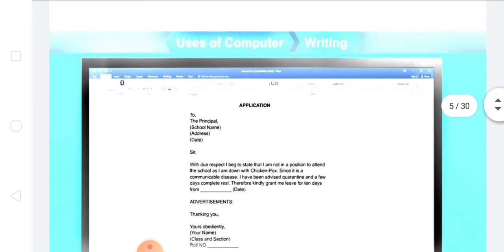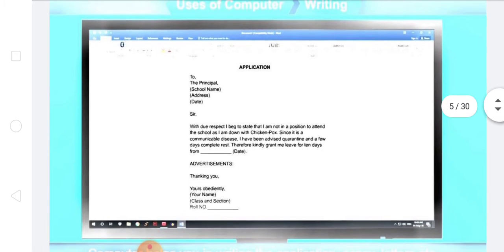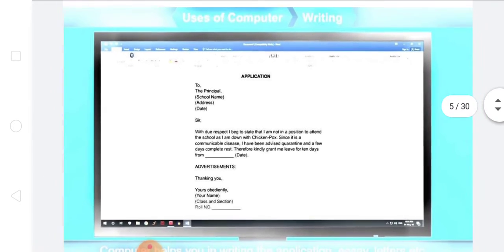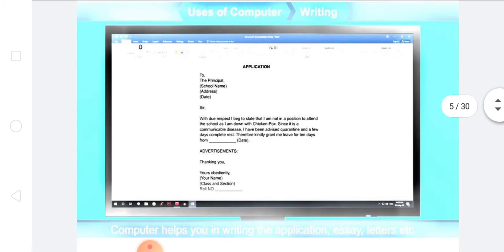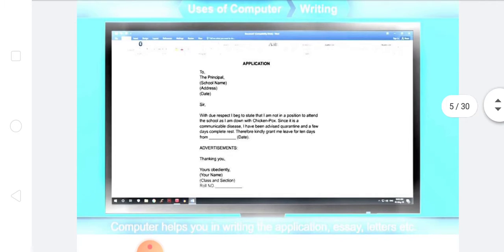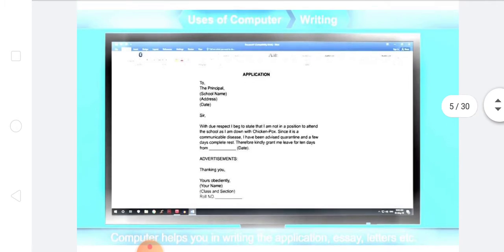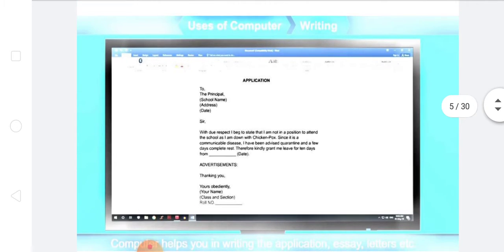Here you see, this one is an application. If we talk about the uses of computer, the computer helps us in writing the application, essay, letter, etc. Just like this, the computer helps us in writing, or typing anything.